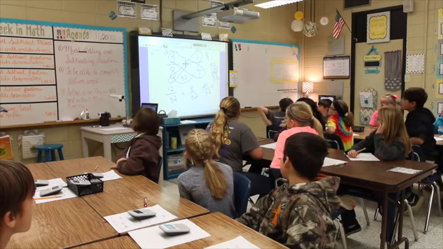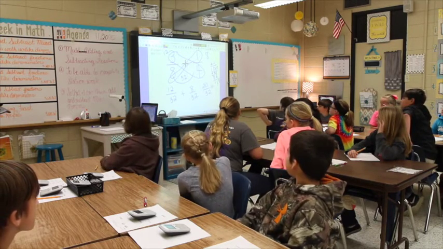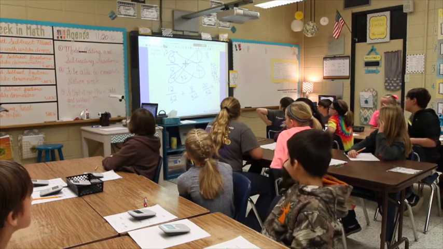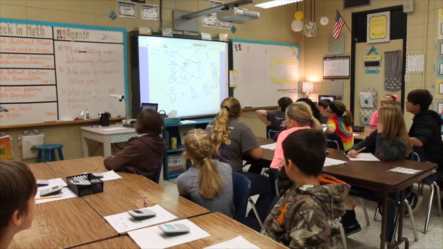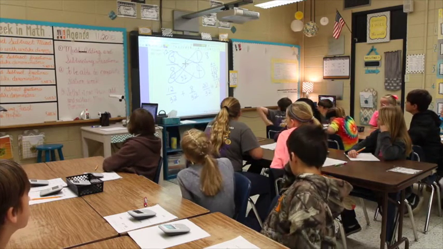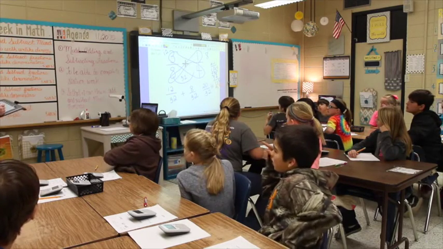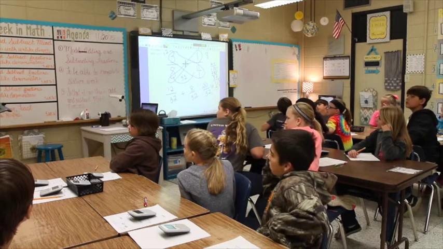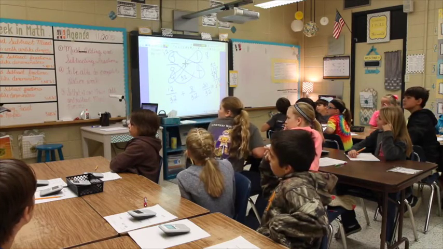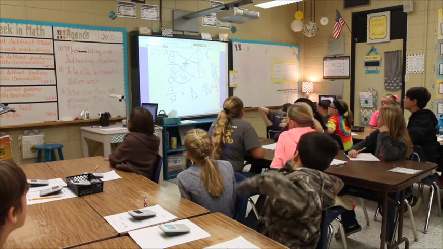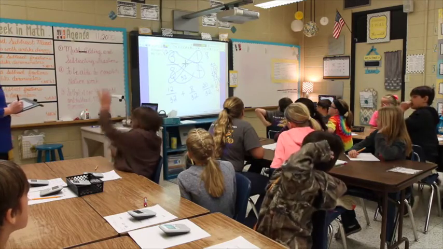And 32 is 1 times 32. I'm going to change my color here. 1 times 32, 2 times 16. Anything times 3? 3 times 8, that would be 36. Well, it's 4 times 8. Anything times 5?